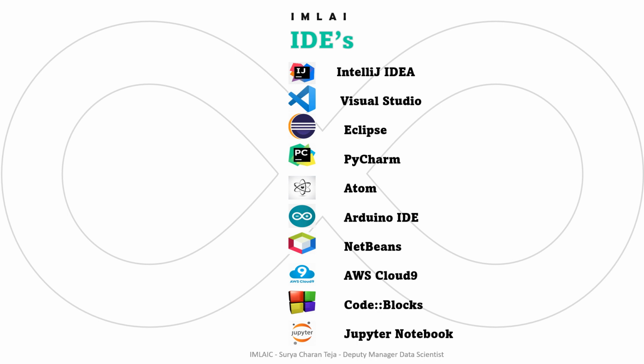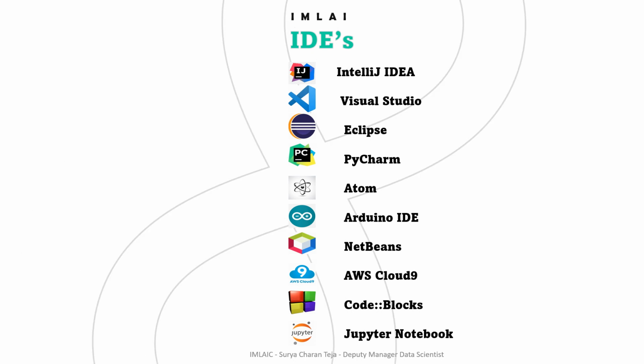Whereas in ops, I go with IntelliJ, whereas during development, I go with Visual Studio, Eclipse and PyCharm. So Atom, NetBeans, AWS Cloud9, CodeBlocks, Jupyter Notebook is one more. These are all famous development environments where you can install plugins and it helps a lot.